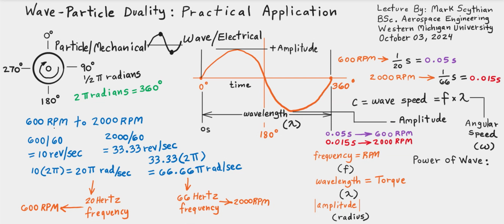So at 600 RPM, we know there are 20 cycles per second, and assume that this alternator is without the diode and without the voltage regulator. So it's really an AC generator, not an alternator. And so we've succeeded in producing a sine wave from the rotational frequency here.